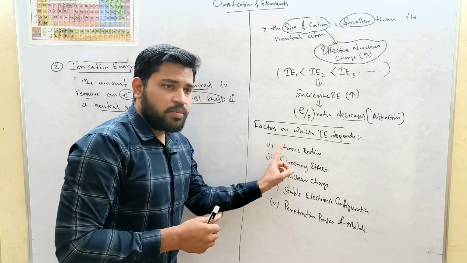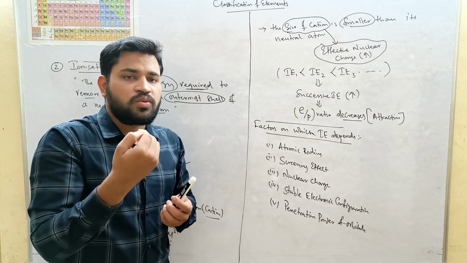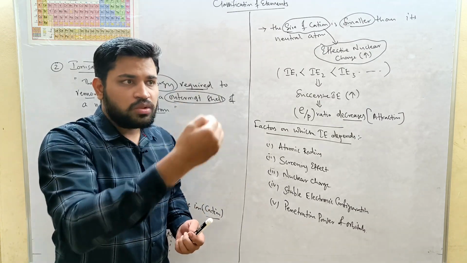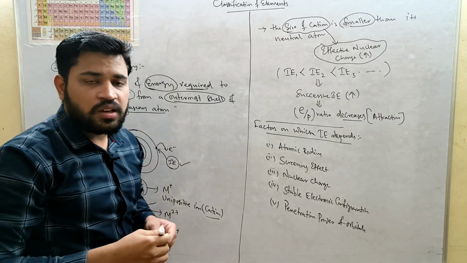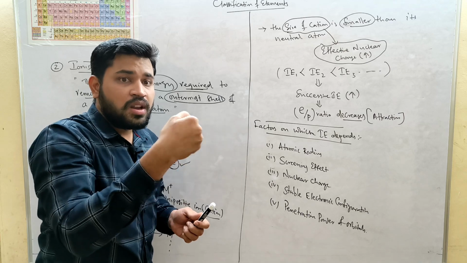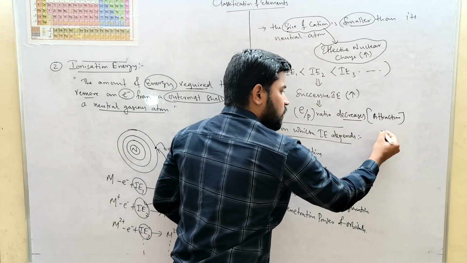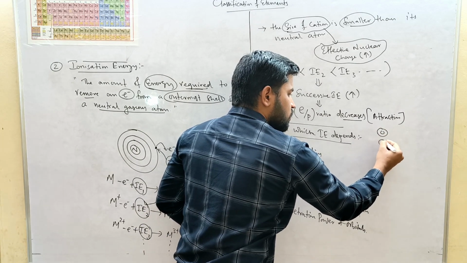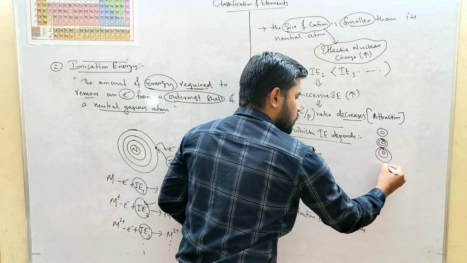When you compare the atomic radii, as atomic radius increases while going down the group, what is going to happen? The number of shells increases from one period, one element, to another element. As the number of shells increases, the atomic radius increases. So the distance from the nucleus to the outermost shell increases. As that distance increases, what are you going to observe?